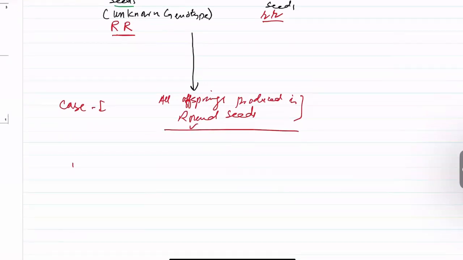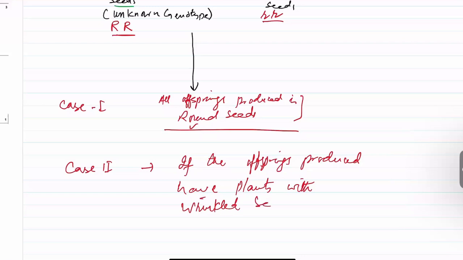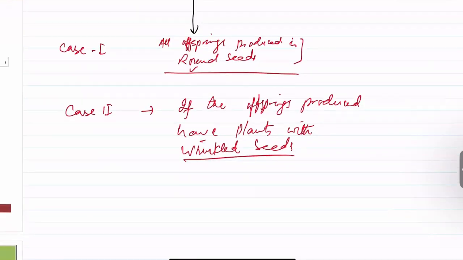Case two is if the offspring produced have plants with wrinkled seeds. Okay, so wrinkle is only possible when it is homozygous for that.